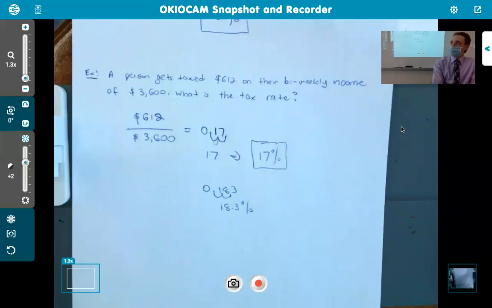I saw a video actually online, I don't know if you guys ever saw this, maybe a TikTok video, where a kid opened up his check for the first time and he started crying. He was so upset because he thought he made a lot of money, and his dad was sitting next to him trying to tell him there's taxes, they take the money out of your checks.